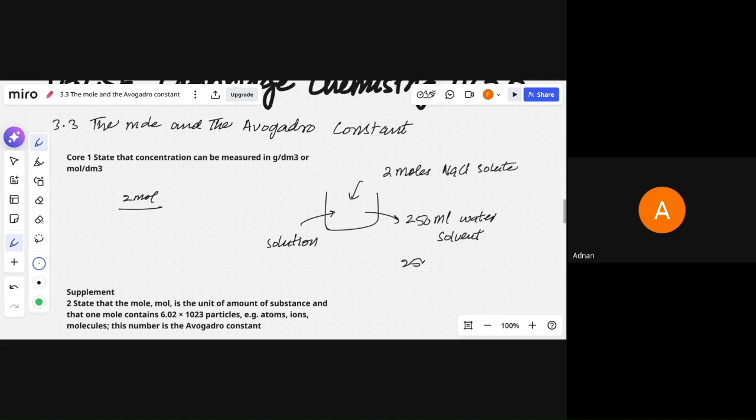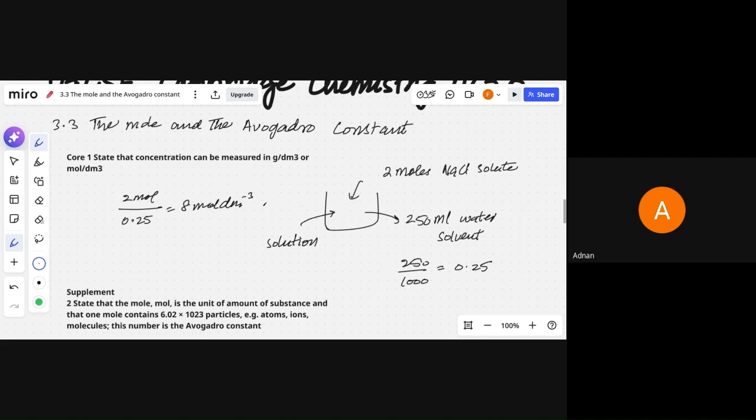In order to convert from milliliters to dm cube, we divide 250 by 1,000. That's going to give us 0.25, so 2 divided by 0.25 is 8, and the unit will be 8 moles per dm cube. So this is going to be the concentration of this entire solution.